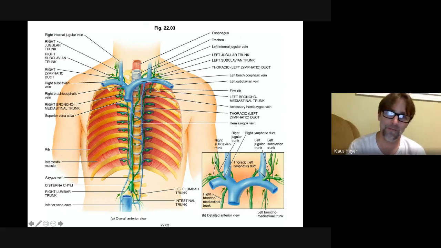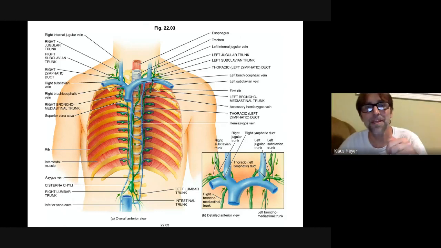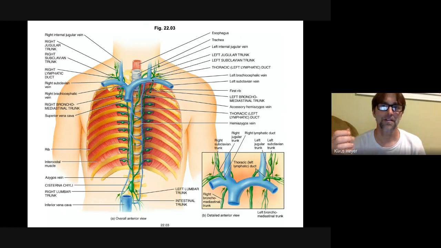It's called cisterna chyli, and then I'm following it up right now, like this big one that my cursor is following, and it's going up here, and it's going into the left subclavian. So it does tap into your bloodstream, right at the subclavian vein. That's the left duct. That's the end on the left side.